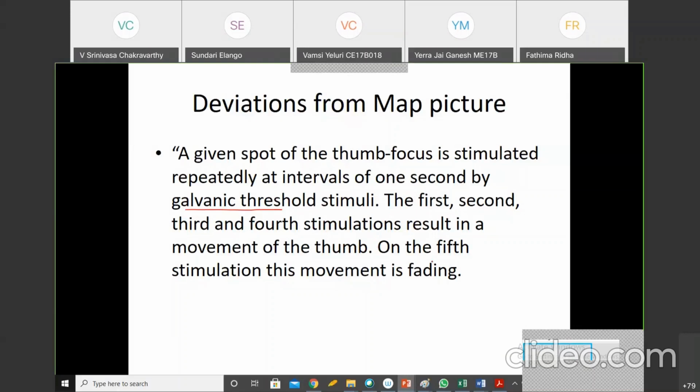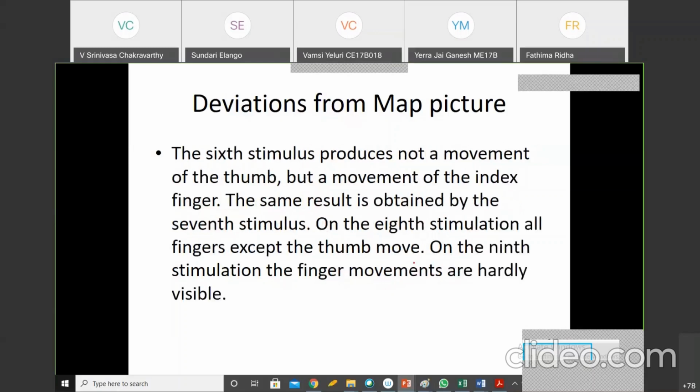But what is interesting is, on the fifth stimulation, this movement is fading. The same thumb doesn't move anymore. The sixth stimulus produces not a movement of the thumb, but a movement of the index finger. So this is very strange.